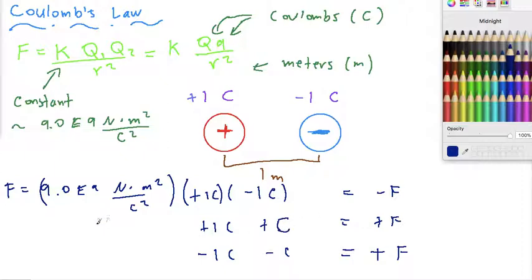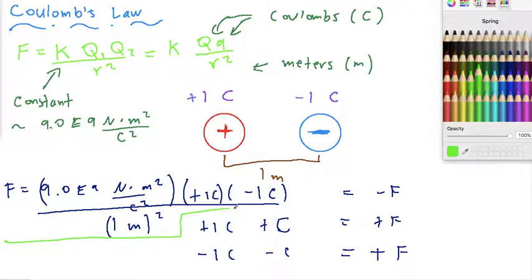Okay, now we're going to say divided by 1 meter squared. Remember, this is our calculation right here, so let us not get confused with everything else. If we compute this, remember I'm doing the absolute value, so 1 times 1 is 1, divided by 1. Coulombs times coulombs is coulomb squared, so these two cancel right here.